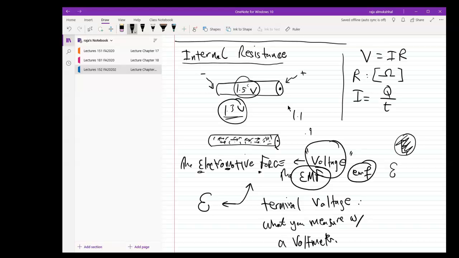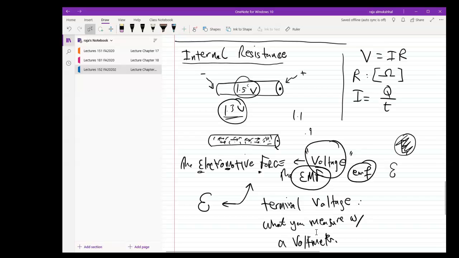Okay, in other words, if you take that voltmeter and put it across your fresh battery, it's going to read 1.5. After a while, it's going to read 1.3, for example. Okay, and after a while, it's going to read 1.1, and so on, right? So it will keep dropping down. So all of these measurements are terminal voltages because you're using a voltmeter to measure.